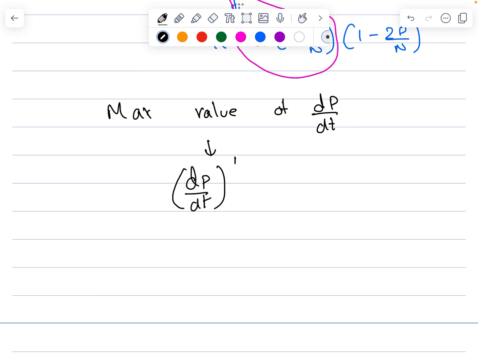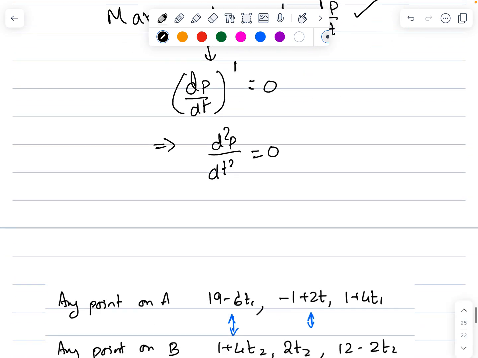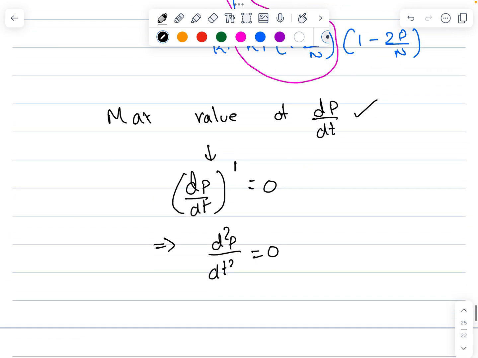Derivative of dp upon dt equal to 0 means the second derivative should be equal to 0. So reading the question makes much more sense over here. Maximum value of the rate means the derivative of the rate should be equal to 0, means the second derivative equals 0.